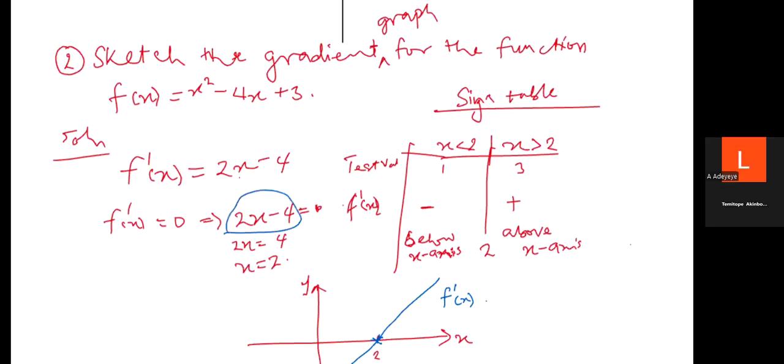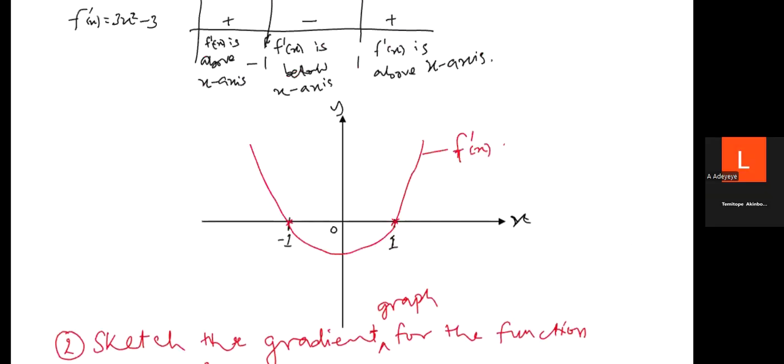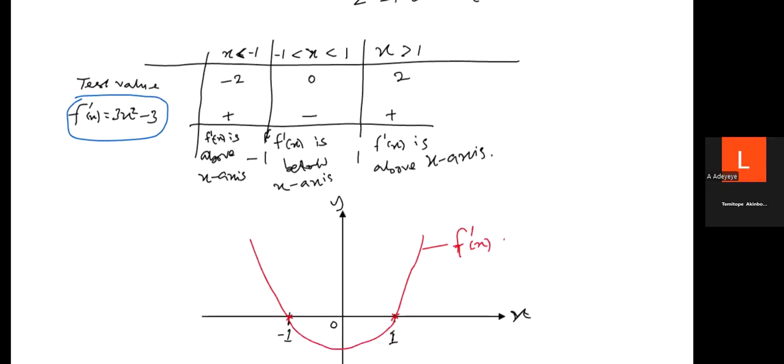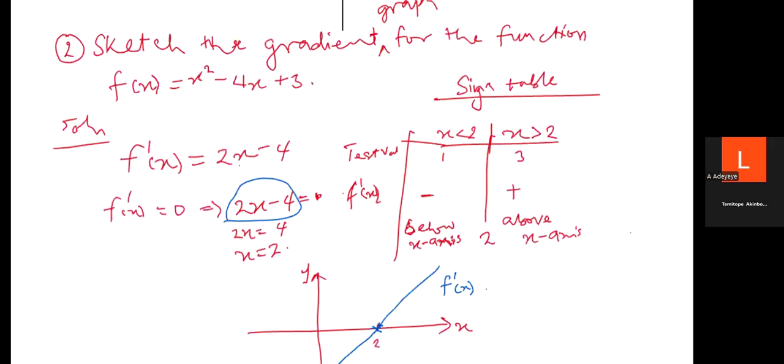That is why I put this there. Look at the table prior to this one. We are substituting into the derivative, not f of x. So you can see that it's going to be a straight line.